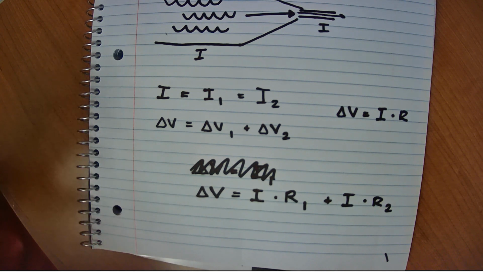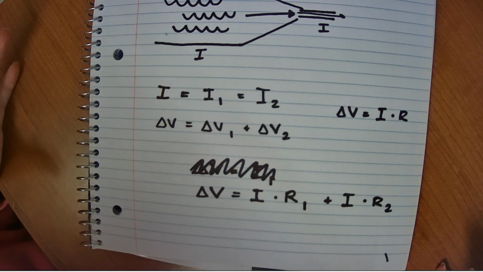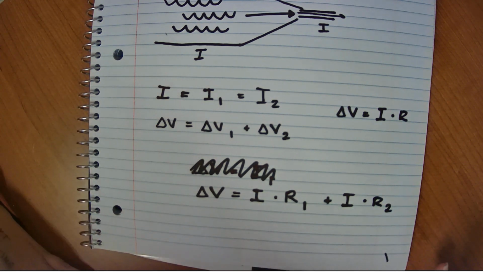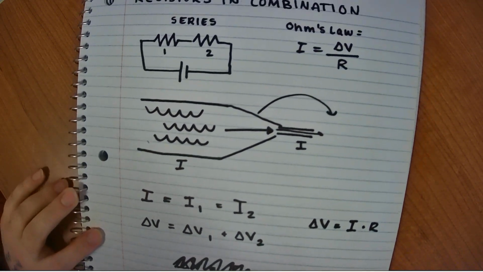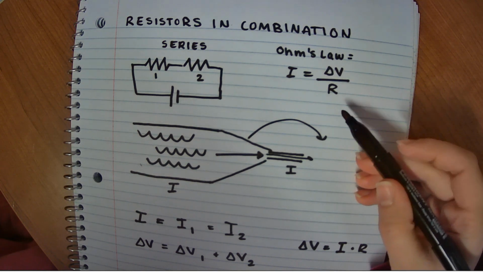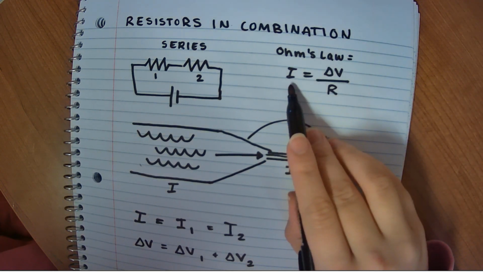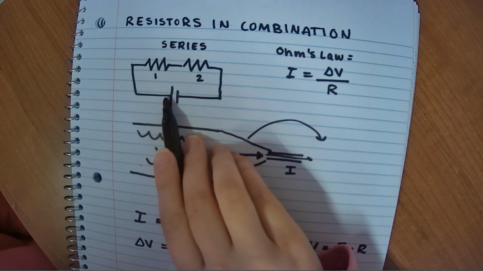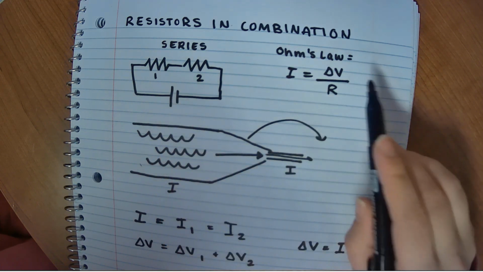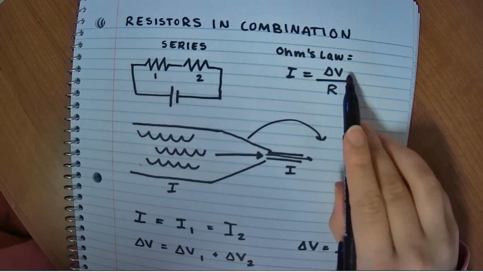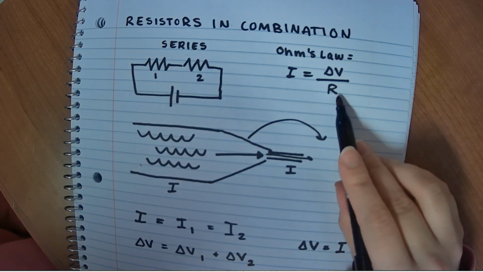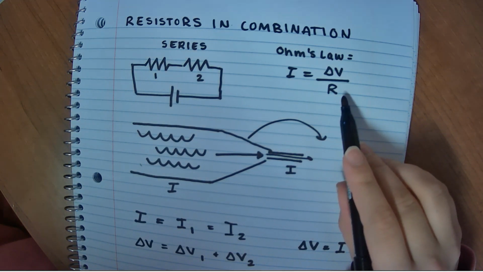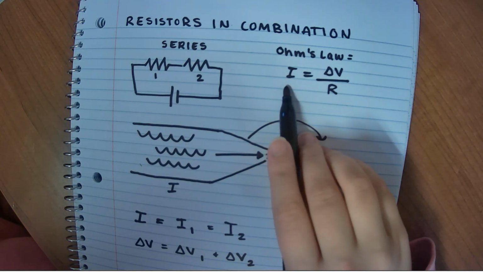Now you might be asking, well, why is resistance different across the different resistors? You said that current is the same over different resistors. Why can't resistance be the same over different resistors? So with Ohm's law here, we have to remember that if current is the same over different resistors in a series, and potential difference is different over different resistors in series, that means the resistance also has to be different, because it always has to equal the current.